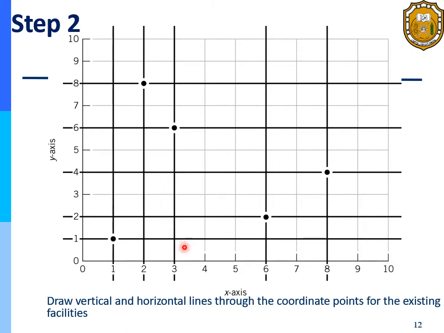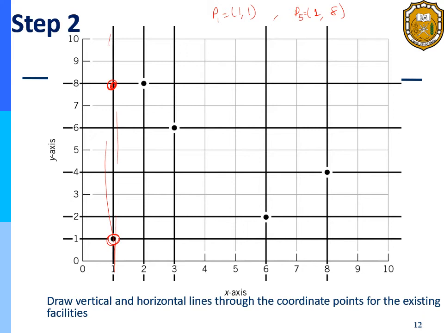By the way, at this point I need to make a remark. Let's assume that in an example we have a facility at coordinate 1, 1 and another facility, let's say P5, at coordinate 1 and 8. Okay, 1, 1 is here and 1, 8 is here. When we sketch these two, as you can see, the same vertical line passes through coordinate 1. And actually, it is what you need to do, nothing else.